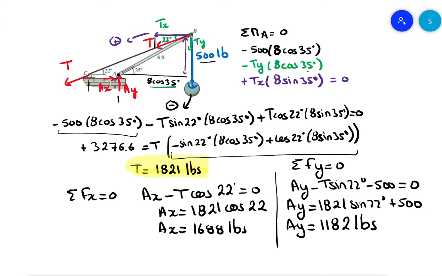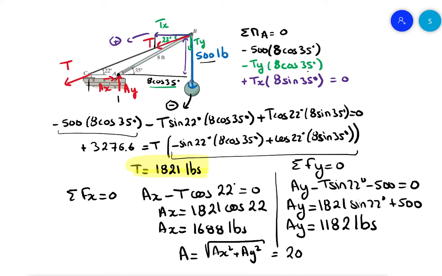And the final question is to find the force in the pin A, that's the square root of AX squared plus AY squared.